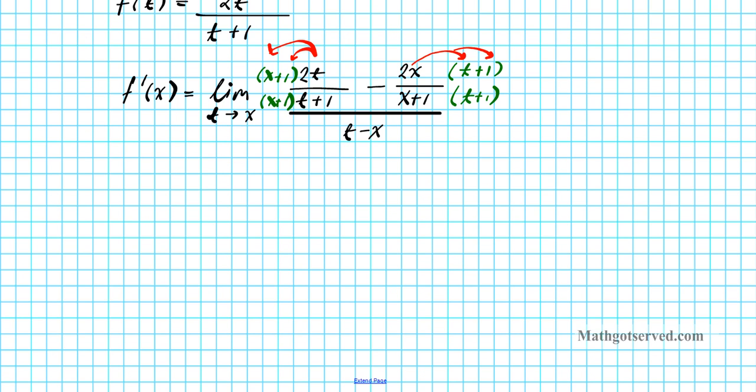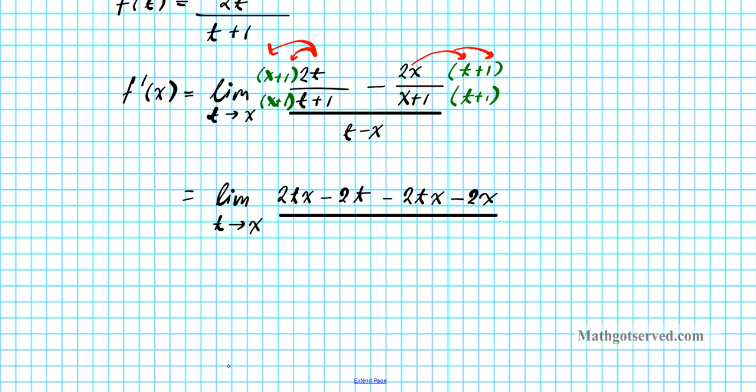We have the limit as t approaches x of 2tx plus 2t minus 2tx minus 2x. Okay, that's what you get when you distribute the numerator. Okay, and that whole thing divided by t minus x.